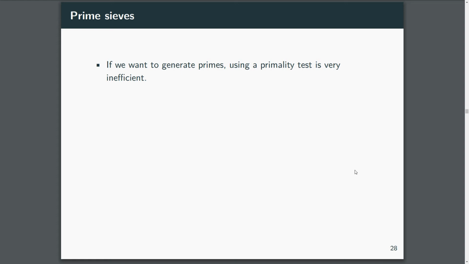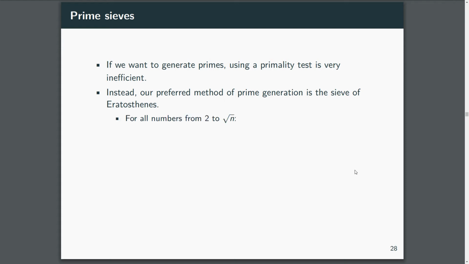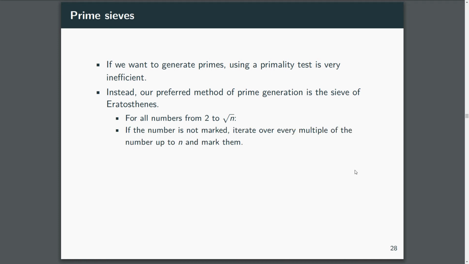Now if you want to generate all the primes up to some value, then testing each one of them is not very efficient. Instead, we'll use a method called the Sieve of Eratosthenes. So what we do is, for all numbers from 2 to the square root of n, if the number is not marked, we iterate over every multiple of this number up to n and mark them.